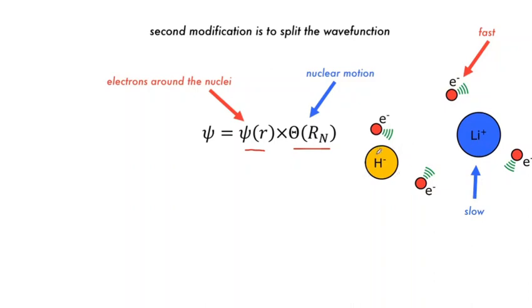In this case, we have lithium hydride, a rather simple system. It only has 4 electrons. But what we have are 2 nuclei, which are almost infinitely massive compared to electrons. And as a result, they just seem static compared to the motion of the electrons. So the electrons are generally moving much faster around the nuclei than the nuclei are themselves moving.